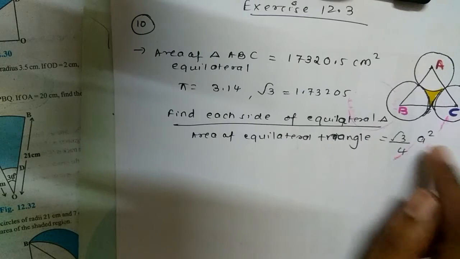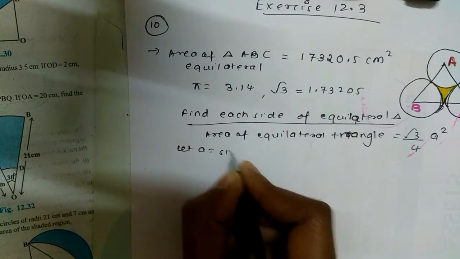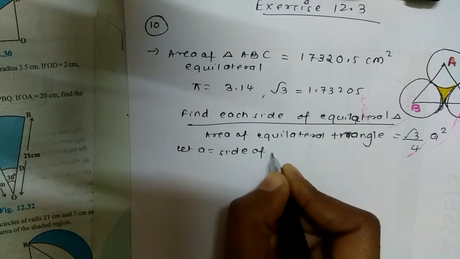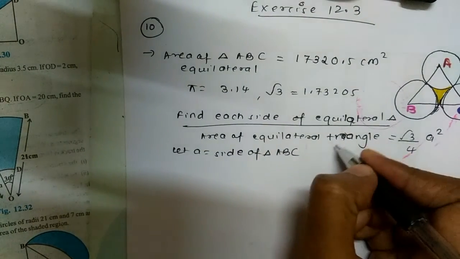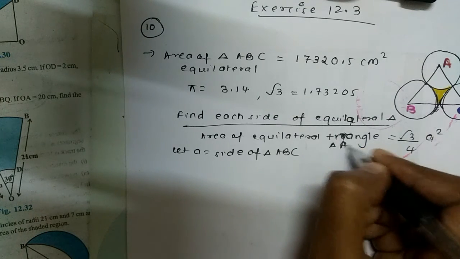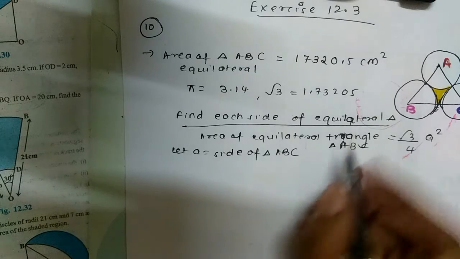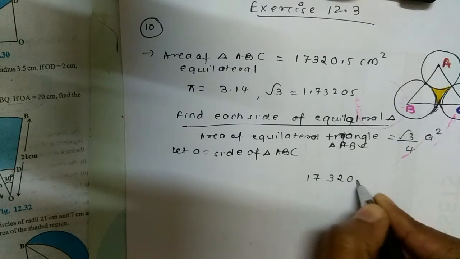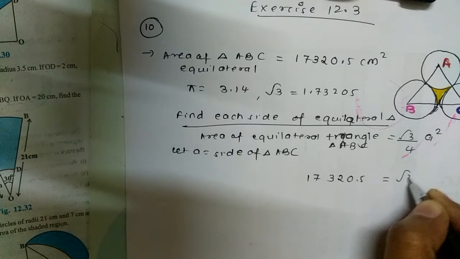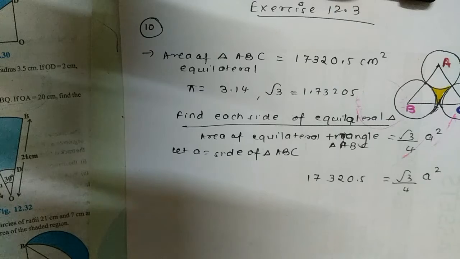Let a be the side of triangle ABC. ABC is an equilateral triangle, so only one side you need to find out. The area of equilateral triangle ABC is given: 17,320.5 equals root 3 upon 4 into a square, which we have to find out.